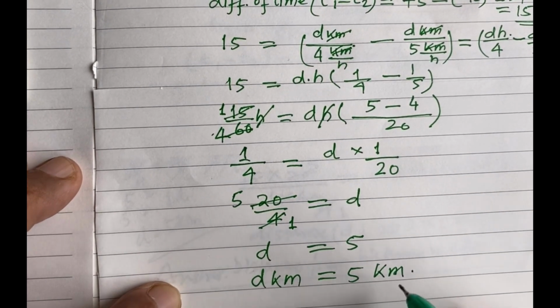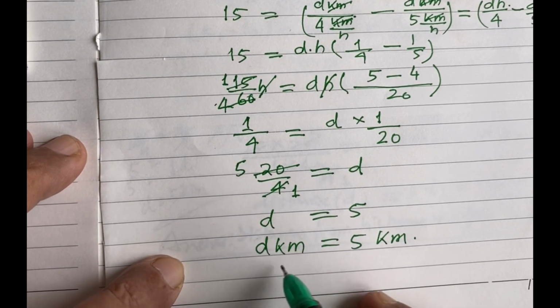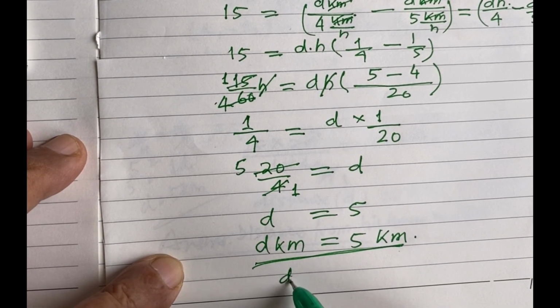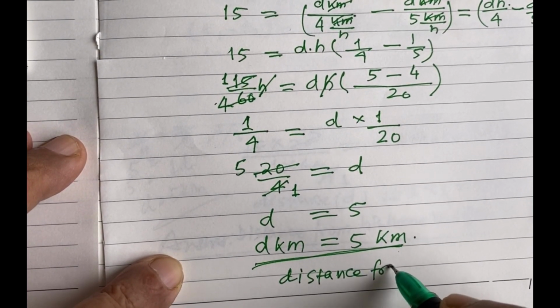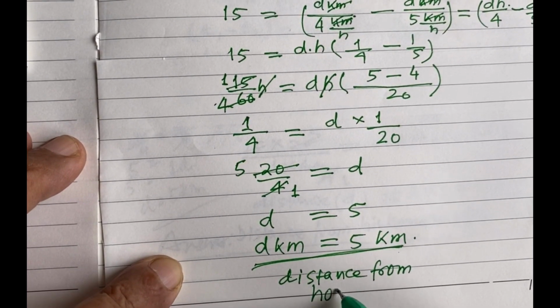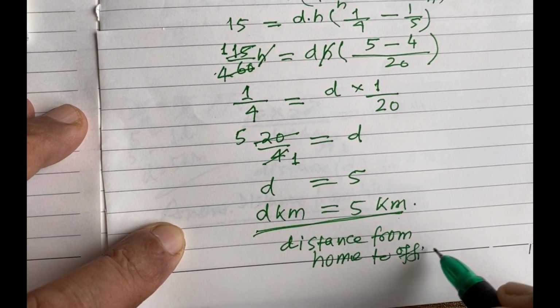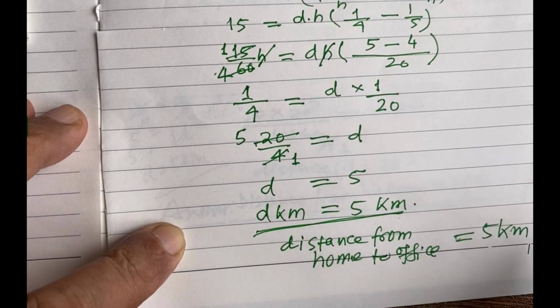Therefore the distance from his home to his office is 5 kilometers. Hence this is the answer. Distance from home to office is 5 kilometers.